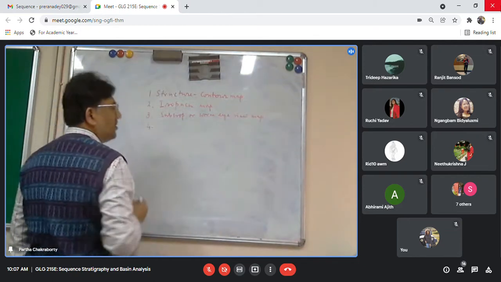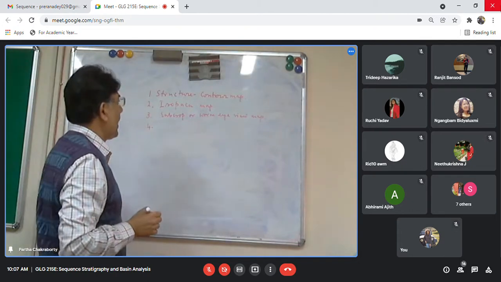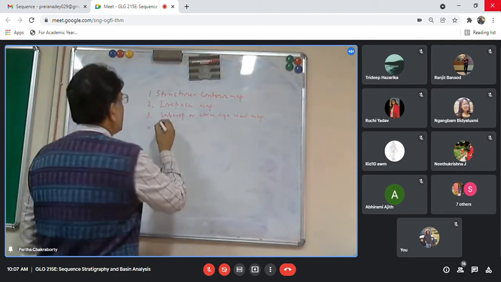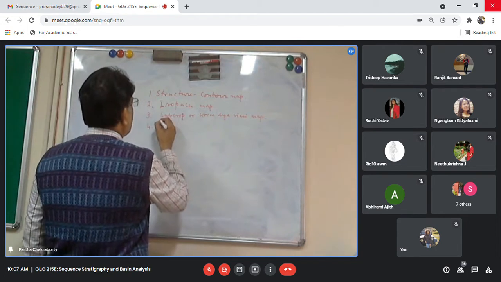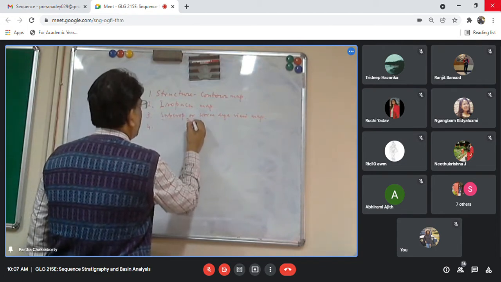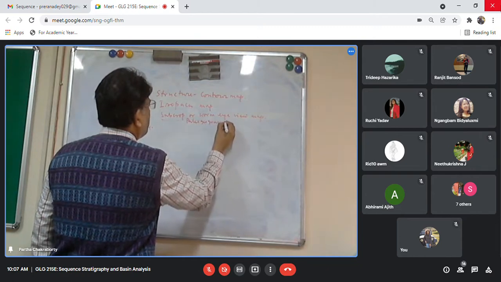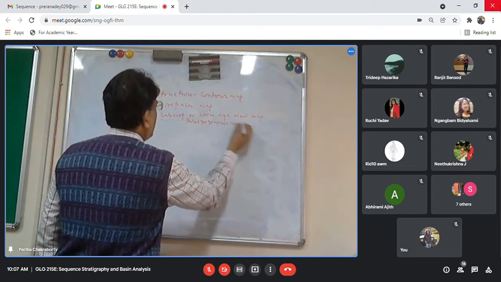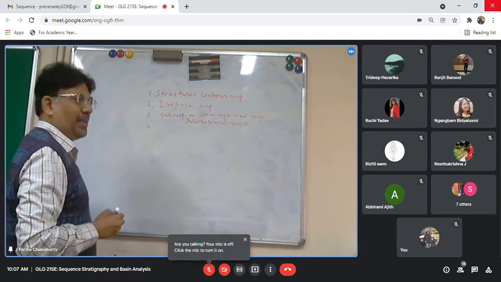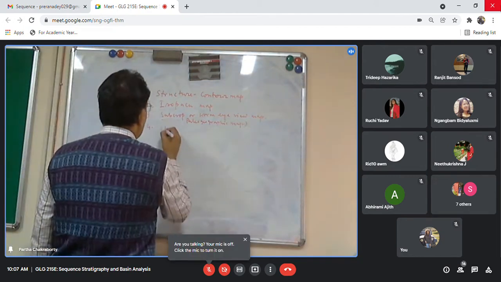Number four, this is also called paleogeographic map. Number four, clastic ratio map.